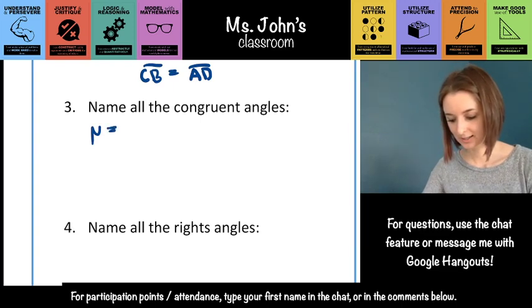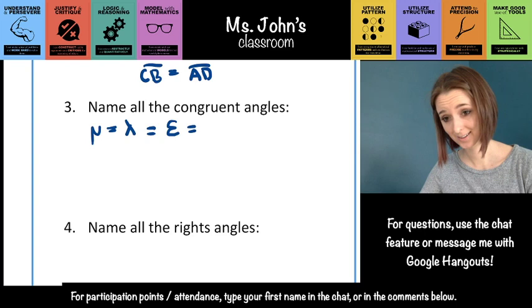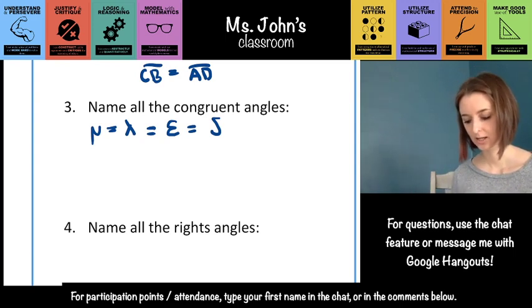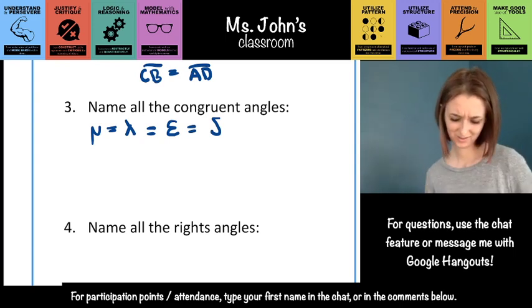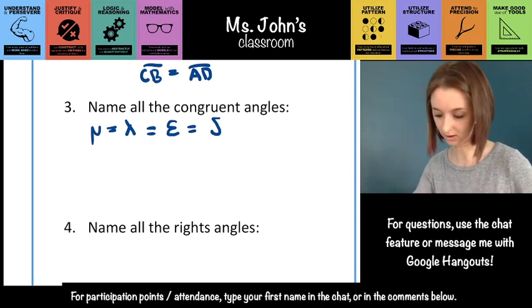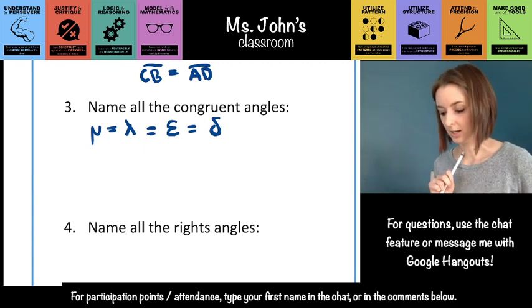So that is equal to lambda is equal to gamma, is equal to this terrible thing. I don't know what that is. Wait. Oh, that's not quite the same. It needs to go there. There you go. All of those angles are the same.